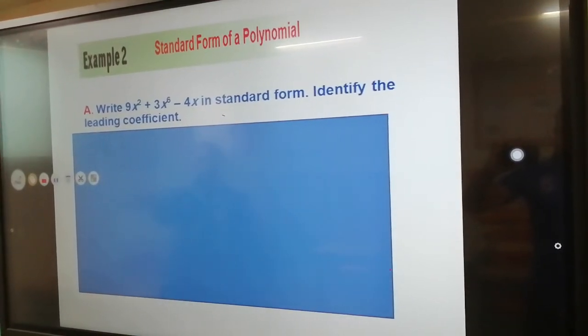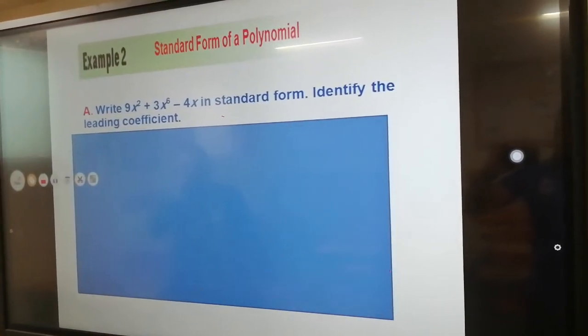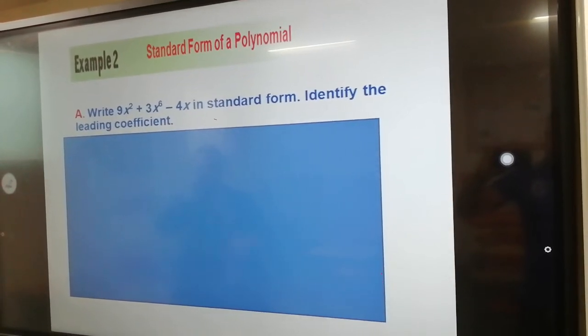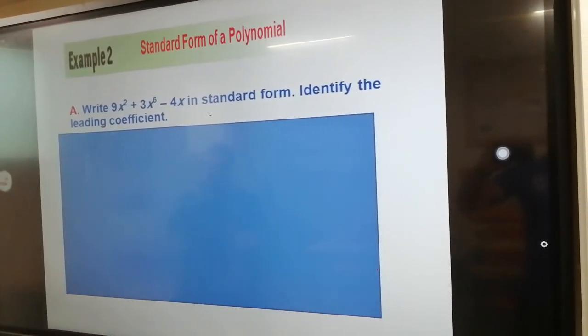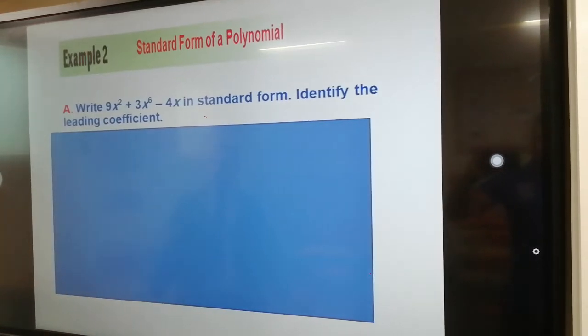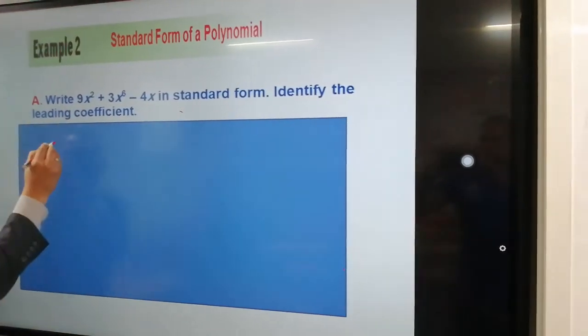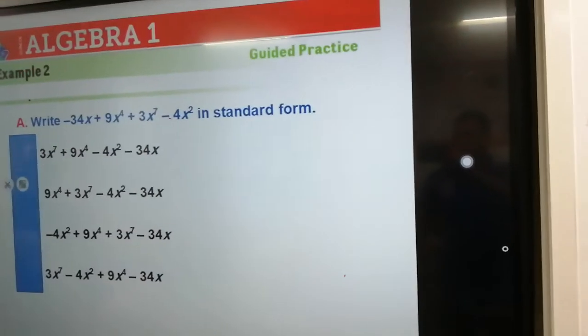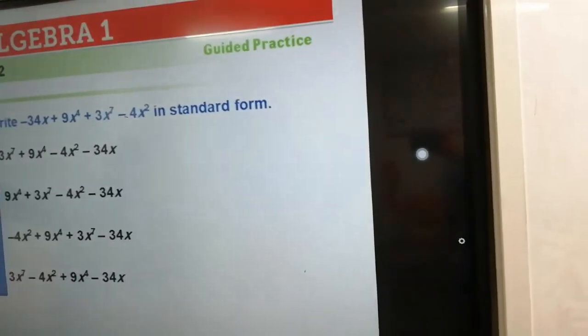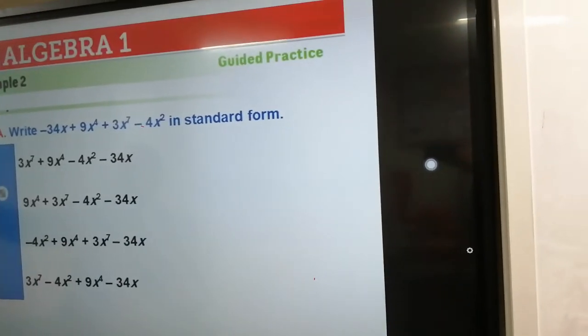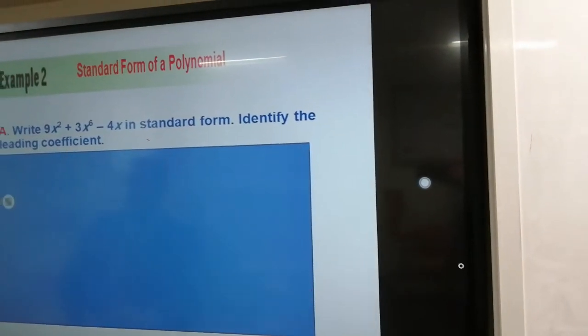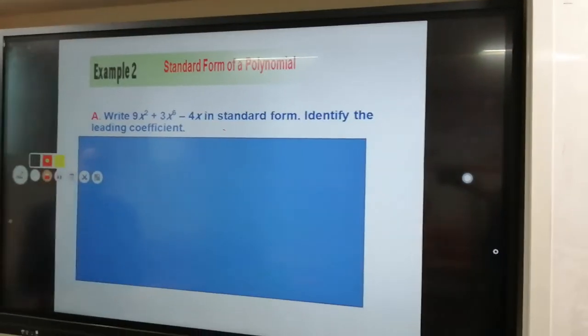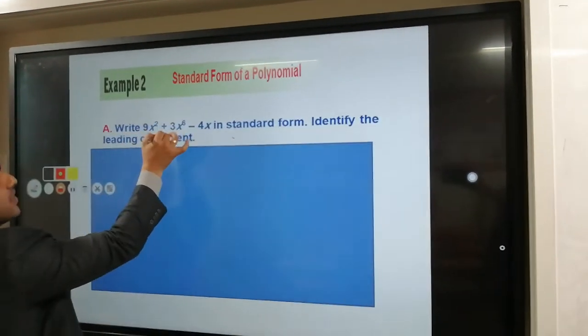The standard form is to order from the greatest or from the smallest power. From the greatest power, what is the greatest power? So we have here the greatest power.